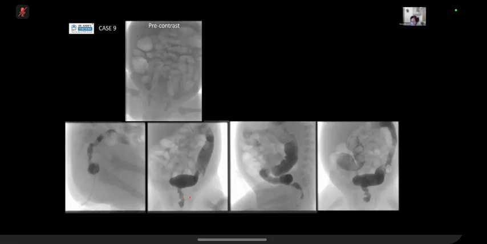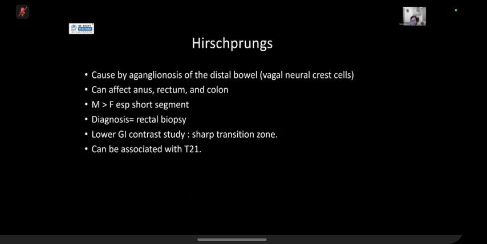In Hirschsprung's disease, it's a congenital anomaly of your nervous system. You've got no ganglionic cells, so you've got no peristalsis within that segment, and often it's very small and very collapsed. It always starts anally, from the distal end and going upwards. So you can have very short segments, mid segments, and very long segments such as total colonic Hirschsprung's.